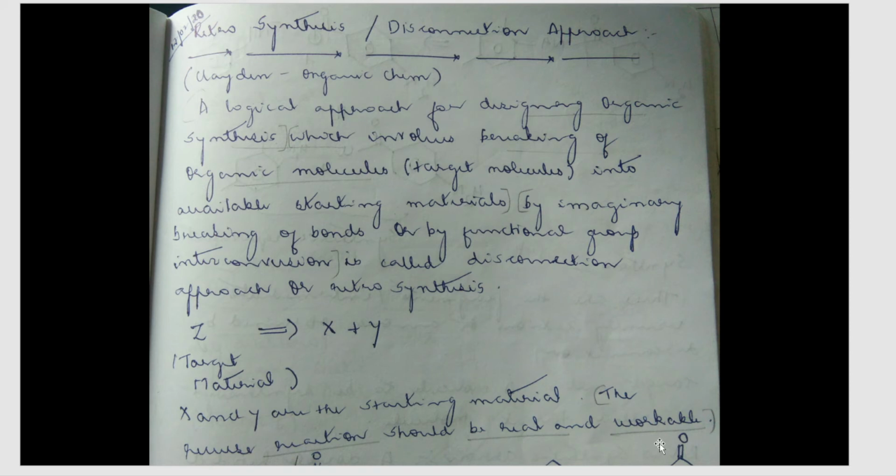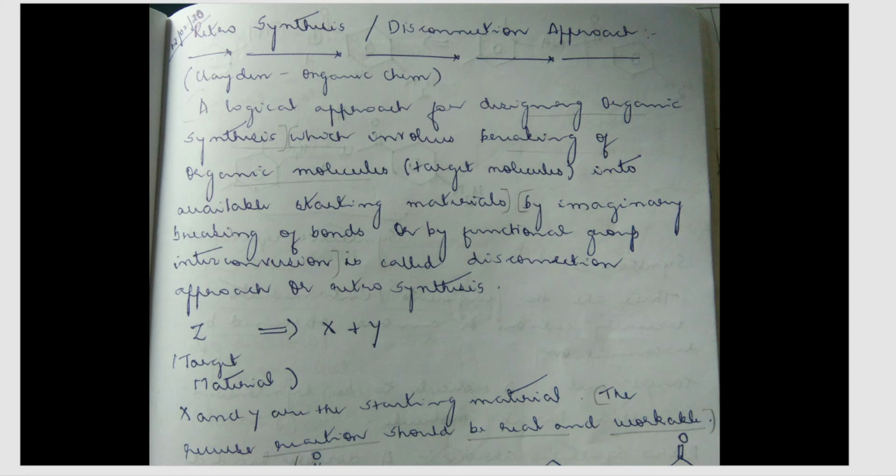That is, if a person tries to carry out that reaction, it has to work, it has to give Z. So you have to disconnect the product in such a manner that the reverse reaction is actually feasible.